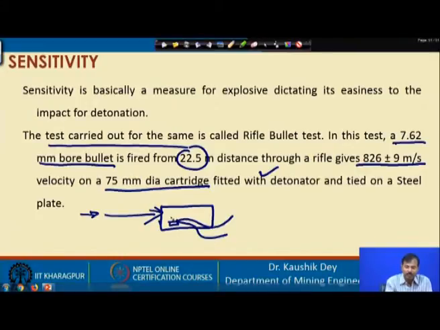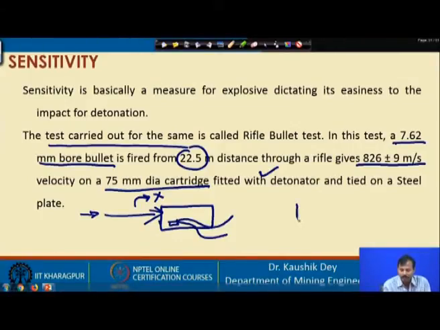So, we will see whether the shock provided by the rifle bullet is able to initiate the explosive with the full initiation system. That means, if this rifle bullet test is giving an X shock pressure, whether the X shock pressure is able to initiate the system or not.